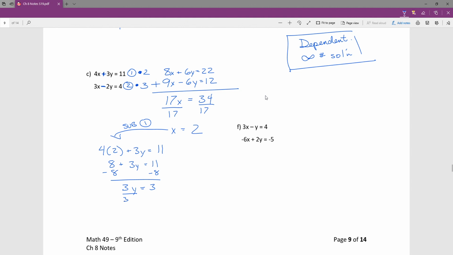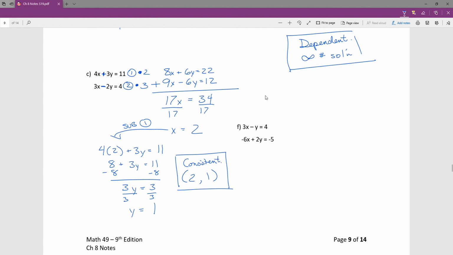Thought I was going to get a fraction there for a minute. And I get that y equals 1. And so again with this one, rolling it back together, all that work has told you that it's a consistent system. I think the book doesn't always label it as consistent, but we do have this ordered pair that is the solution to this system.